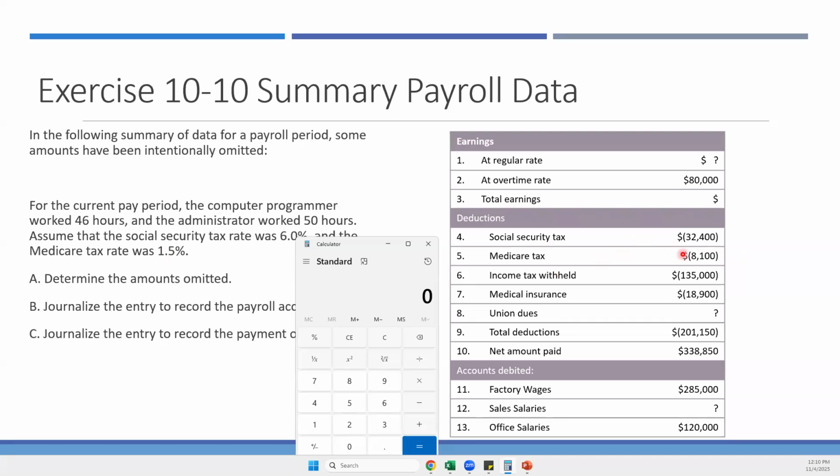And so if the Medicare tax deduction is 8,100, then we take 8,100 divided by 0.015, and we get 540,000. That's going to be our total earnings. So if we take 540,000 minus 80,000 in overtime pay, 460,000 is the regular rate amount.